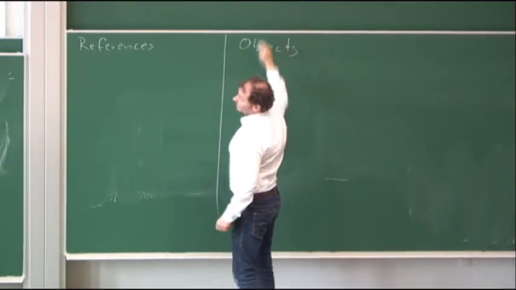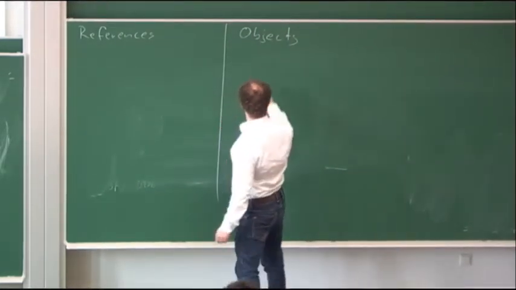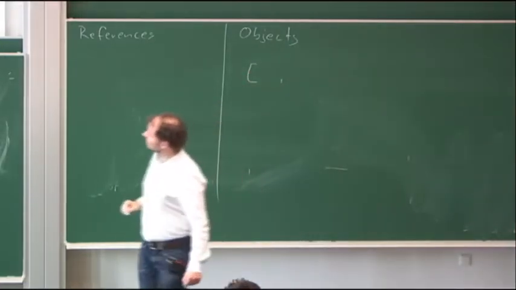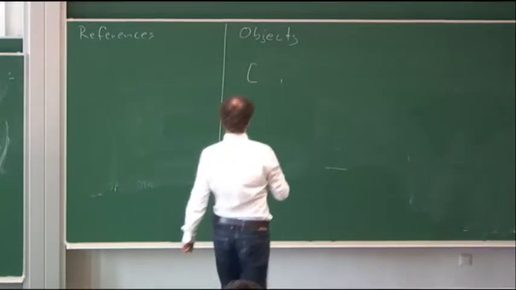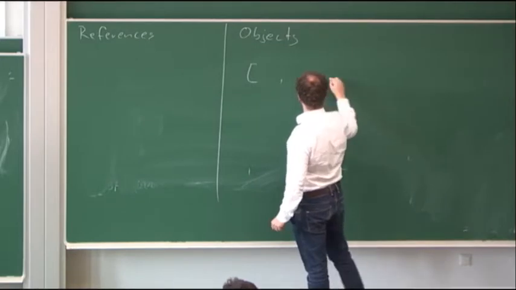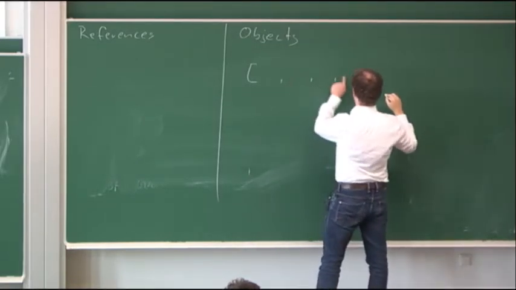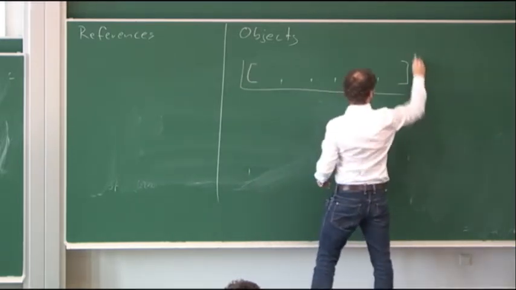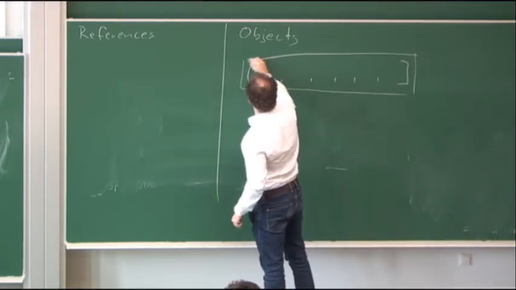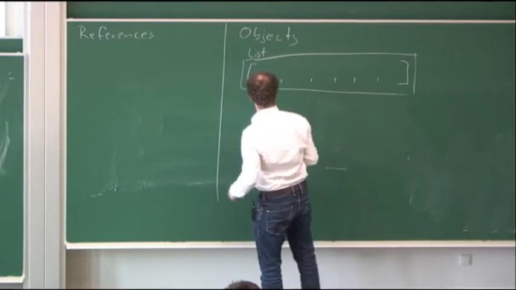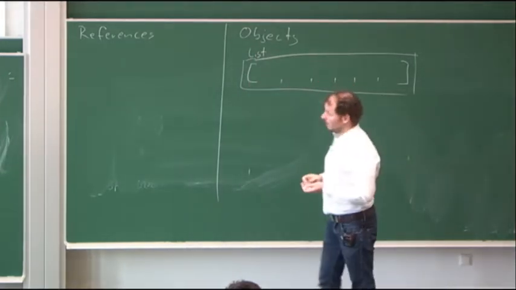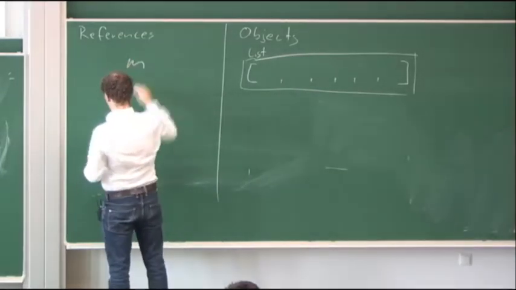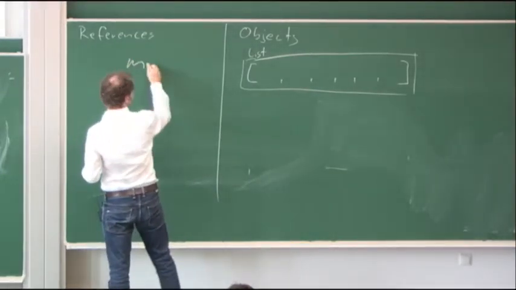And what I did here is I created a new object of type list with 6 positions, 0, 1, as such. So this is an object of type list. And I created a reference called M that points to that list.